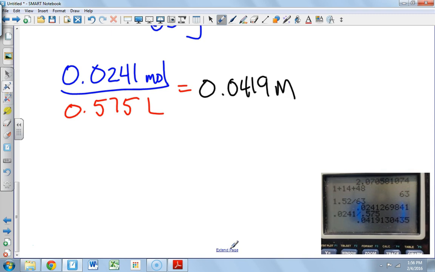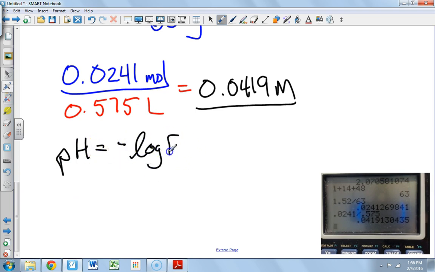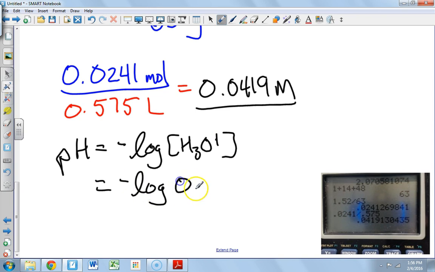This is a strong acid. And so strong acids mean that the concentration of the acid is equal to the concentration of the hydronium ion. So pH equals negative log of the concentration of the hydronium ion. And so that means that it's negative log of 0.0419.